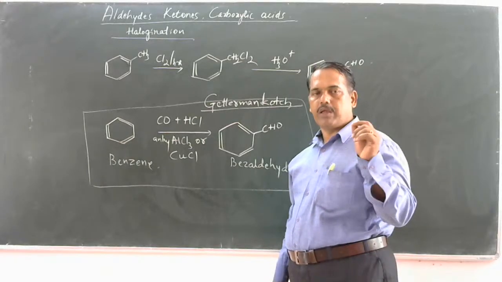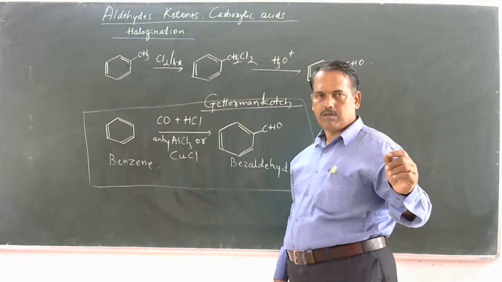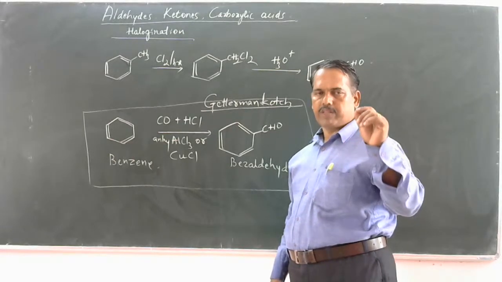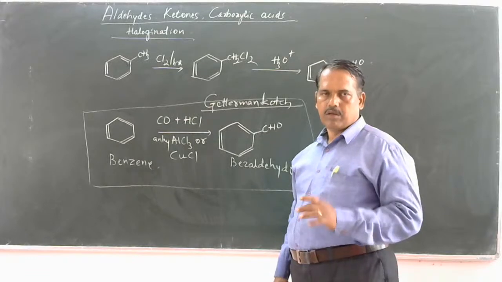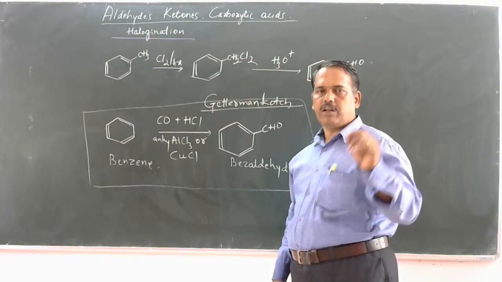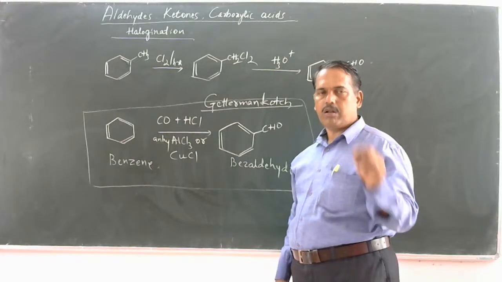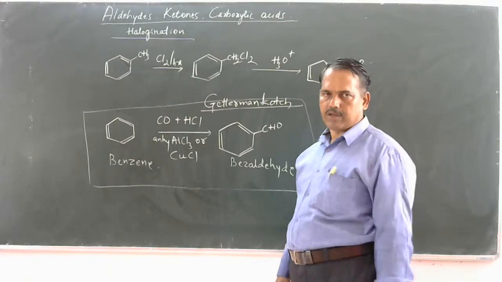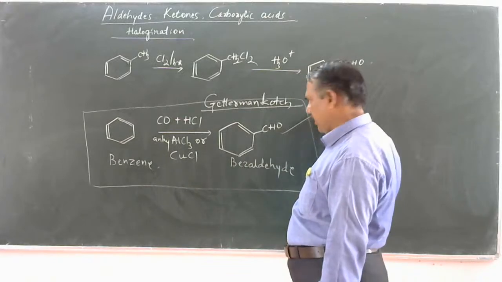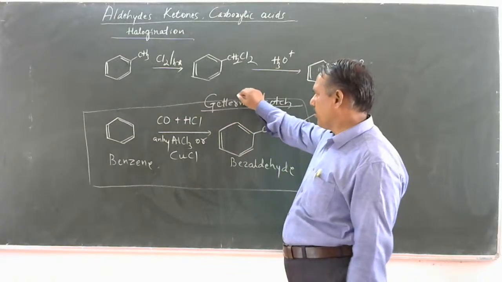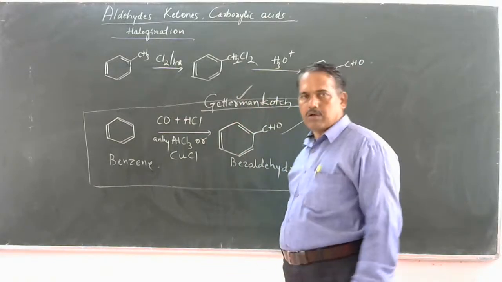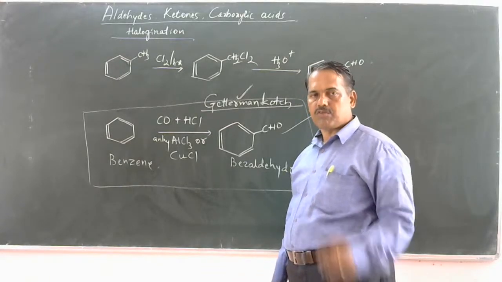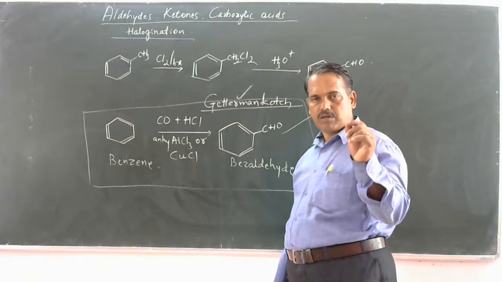Benzaldehyde can be obtained from benzene by treating it with carbon monoxide along with hydrochloric acid in the presence of anhydrous aluminium chloride or cuprous chloride. It forms benzaldehyde, and this particular reaction is called the Gattermann-Koch reaction.